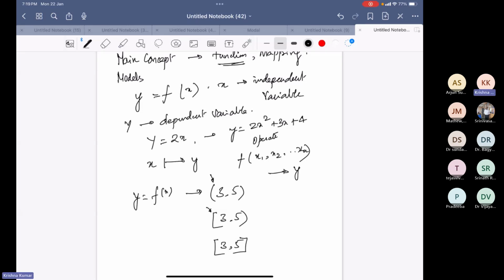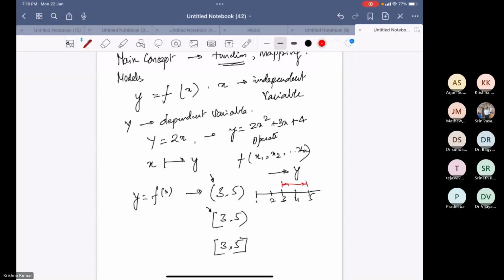Suppose I'm going to just put a line. After all, x is a line. So, it's a line. Then let's say this is 1, this is 2, 3, 4, 5. Now, this function acts between 3 and 5.